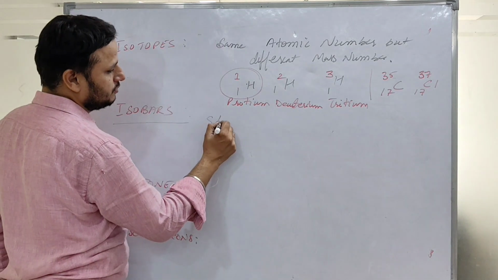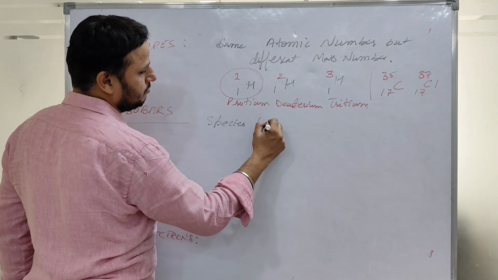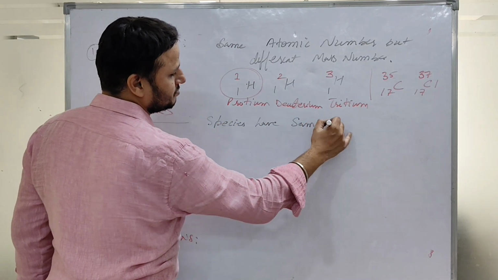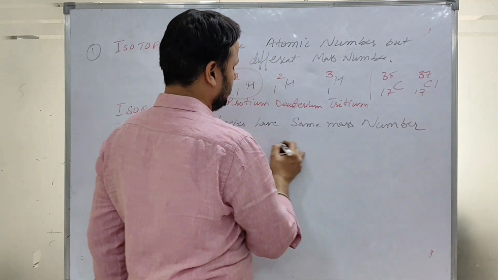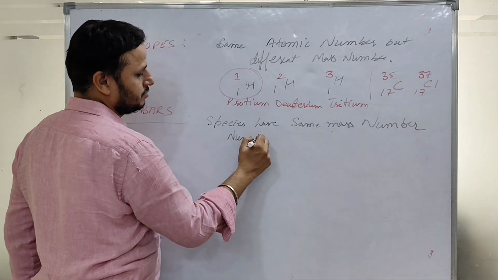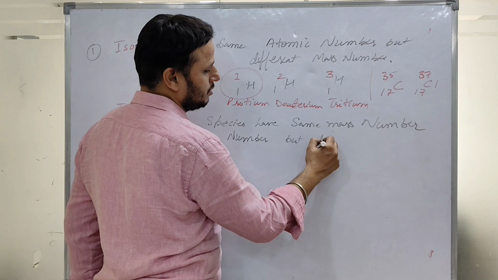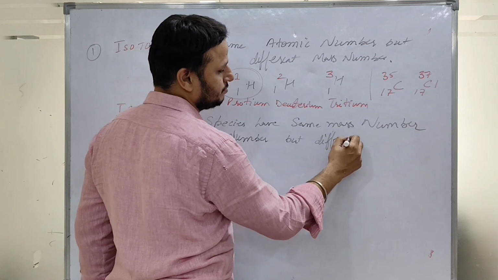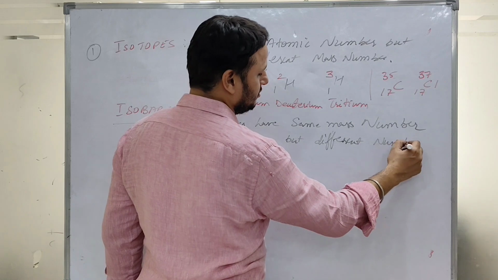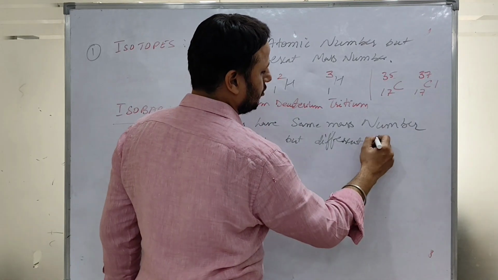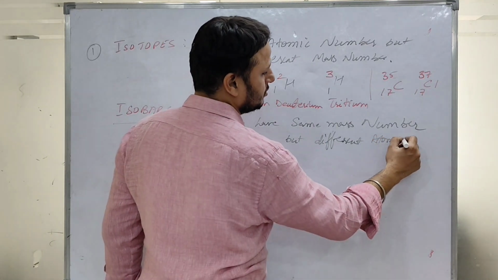Isobars: species having same mass number but different atomic number. Same mass number but different atomic number.